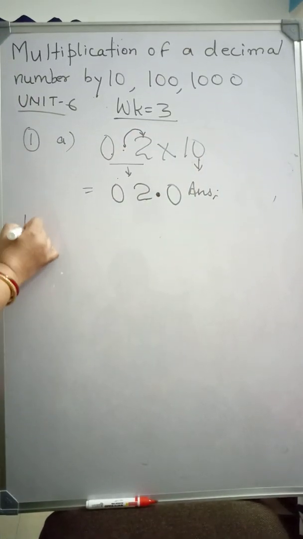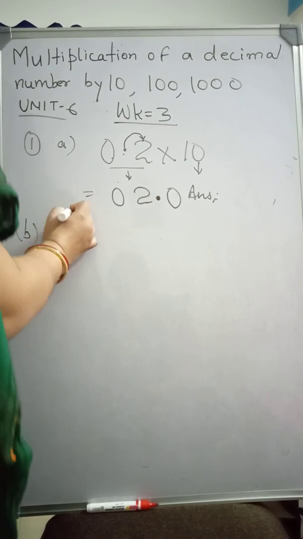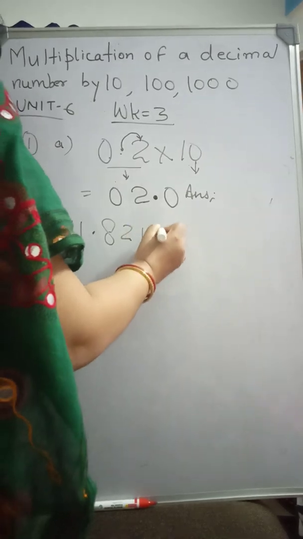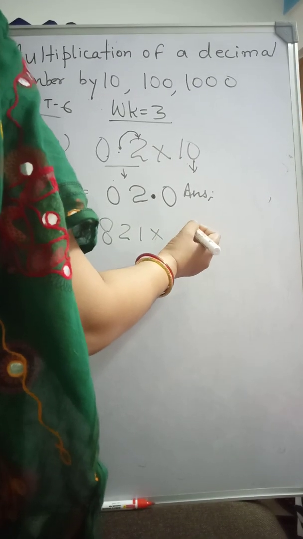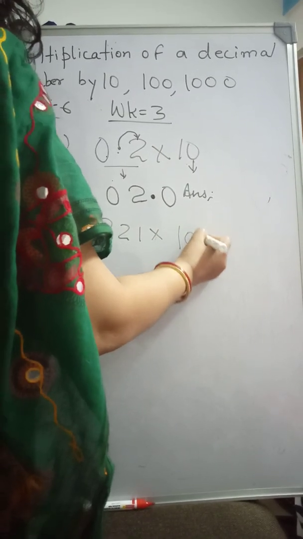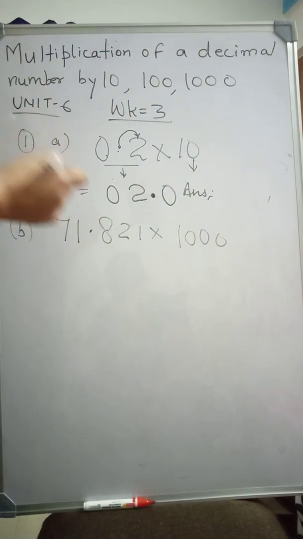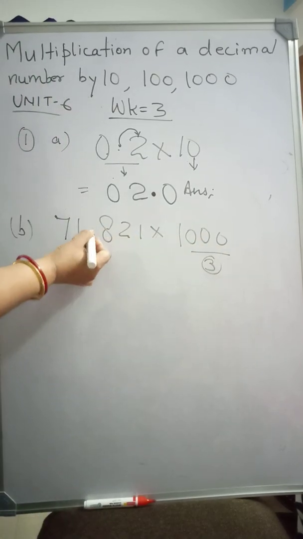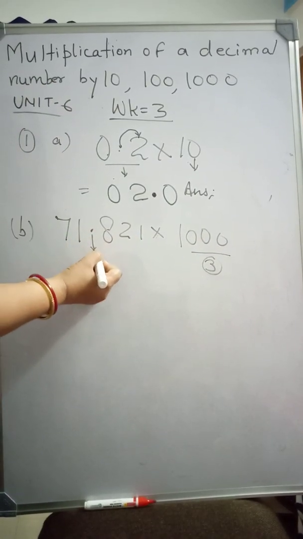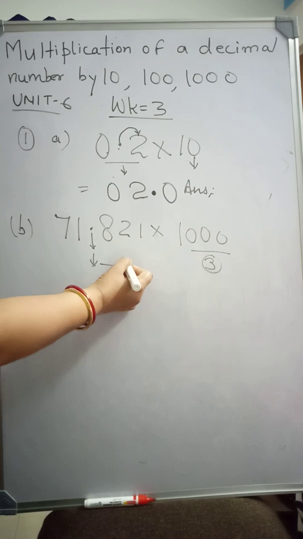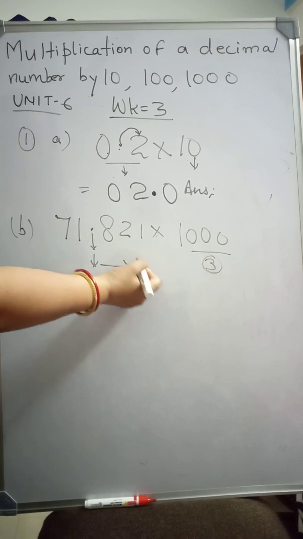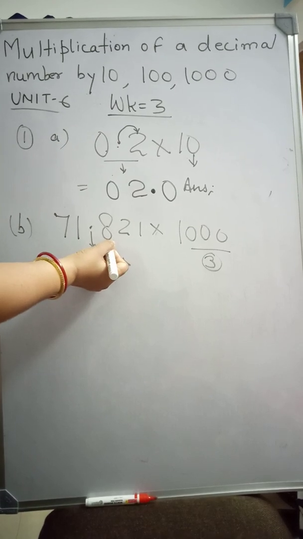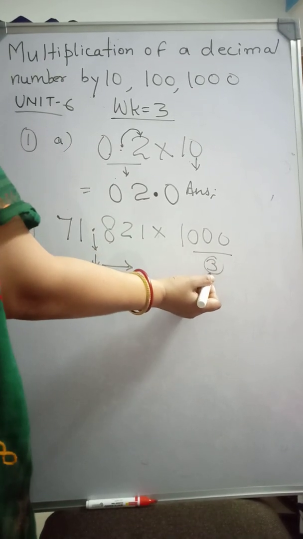Now let us take another example. 71.821 multiplied by 1000. So here all of you see that 1000 is having 3 zeros. So we will shift this decimal to the right, and the number of decimal places shifted will be equal to the number of zeros in the multiplier.